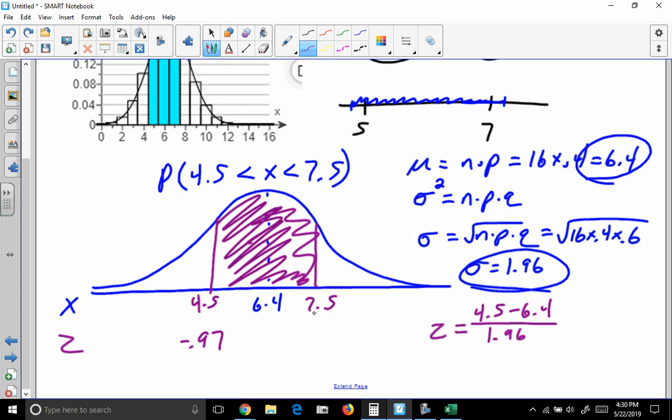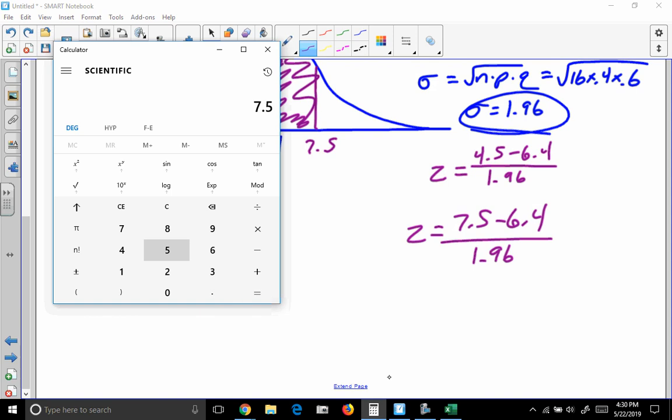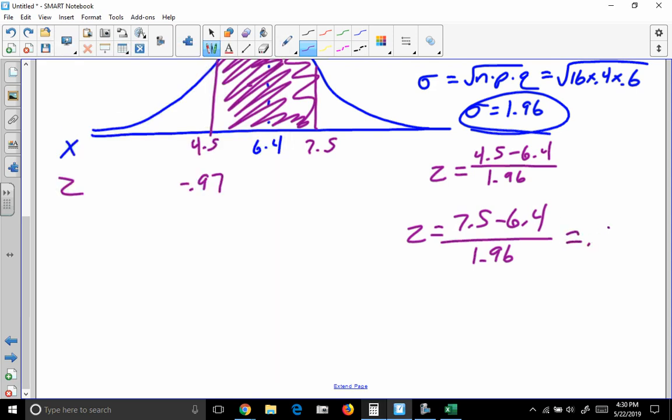Now we need to find out what the z value is that corresponds to 7.5. So 7.5 minus the mean over the standard deviation. If we subtract 7.5 minus 6.4 and divide that by the standard deviation, our z is about 0.56.